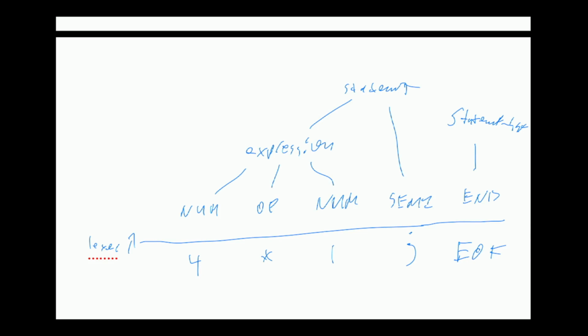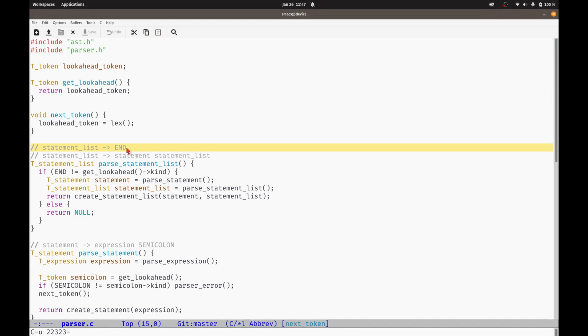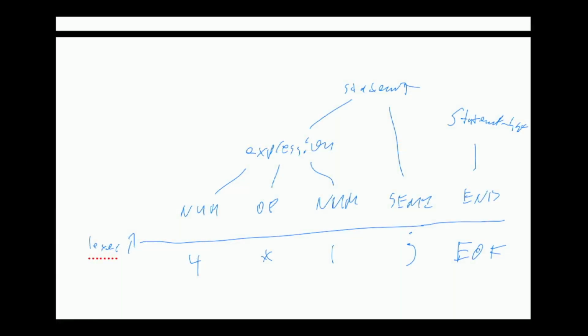Okay, so we've seen an N token, which is recognized by a statement list. A statement list will recognize an N token, which is seen by this if statement. And now what we have left to parse is we see a statement.